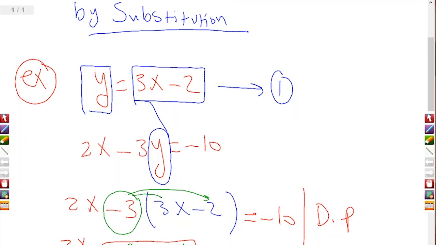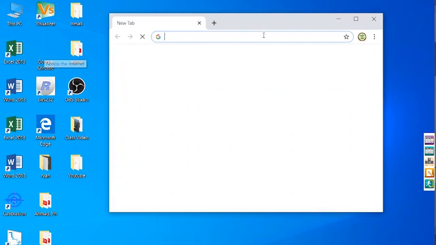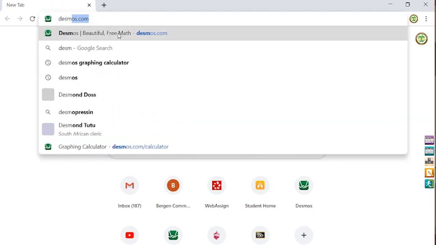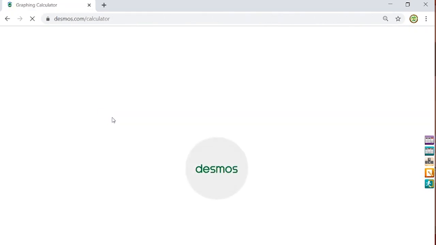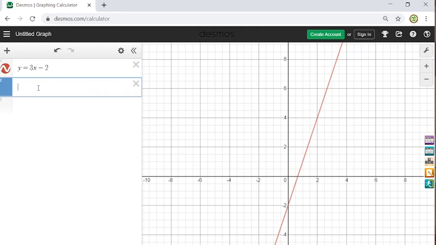Now I'm going to use some type of graphing calculator to graph these functions and show you the intersection between these two. The first equation we said y equals 3x minus 2, and the second equation 2x minus 3y equals negative 10.